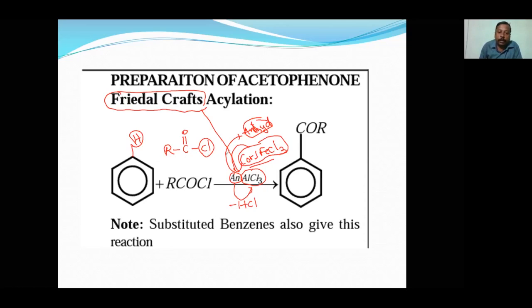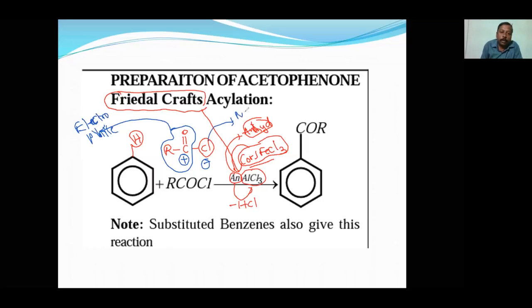Here I am marking it with a different color so that you can remember it for a long time. This will be positive, this will be negative. So this part will be acting as an electrophile. Okay. So this is the electrophile and this will be nucleophile.